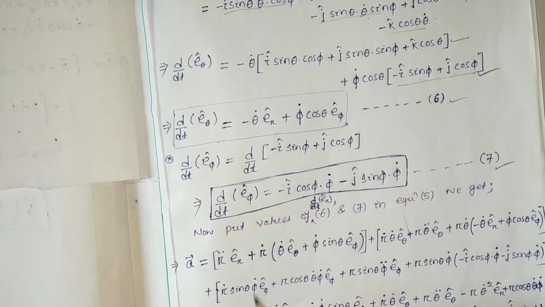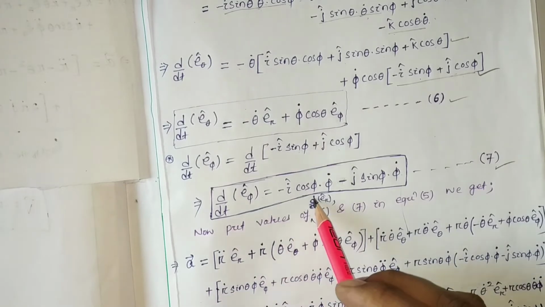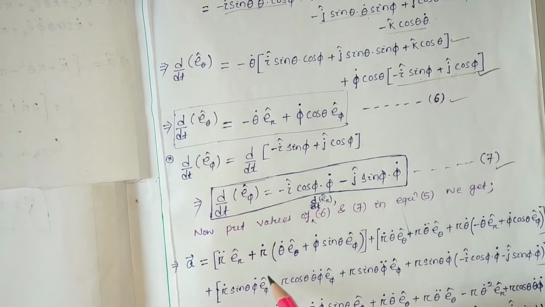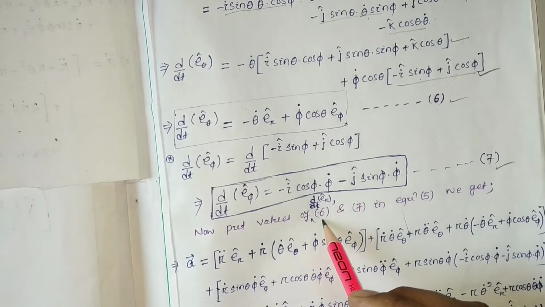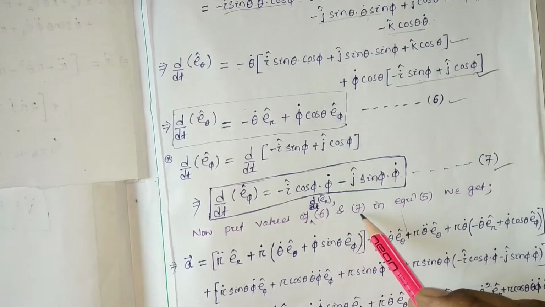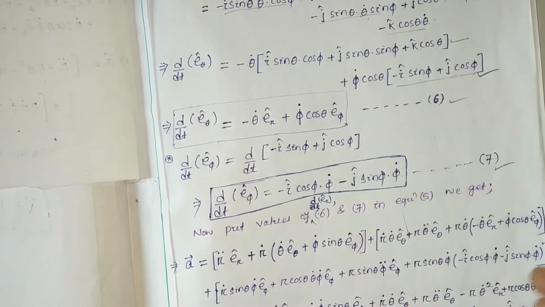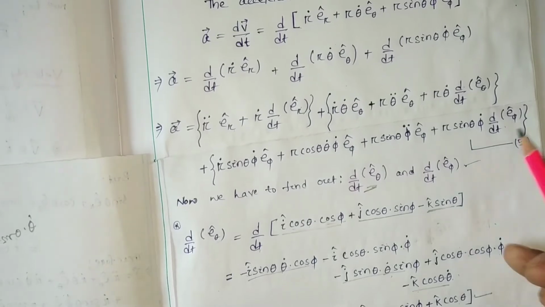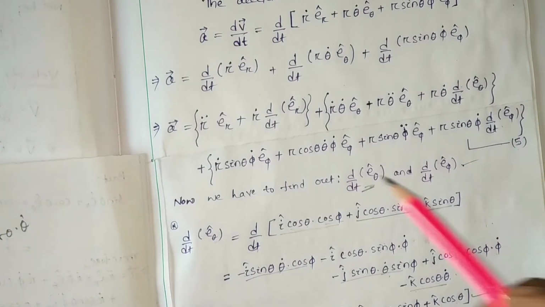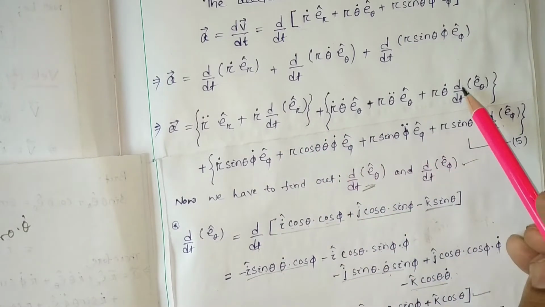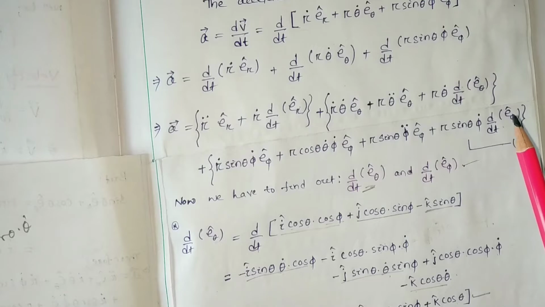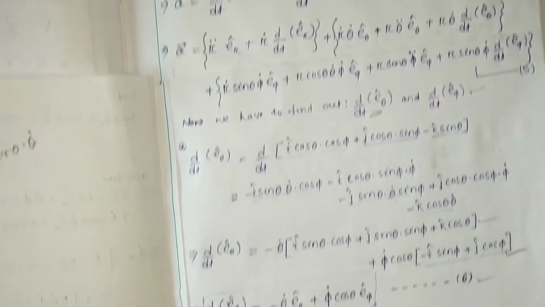Now put the values of d by dt of er cap, whatever we evaluated previously, and the equation number 6 value and equation number 7 value, in equation number 5. So in equation number 5 we have to substitute the values of d by dt of er cap, d by dt of e theta cap, d by dt of e phi cap carefully, for further simplification.